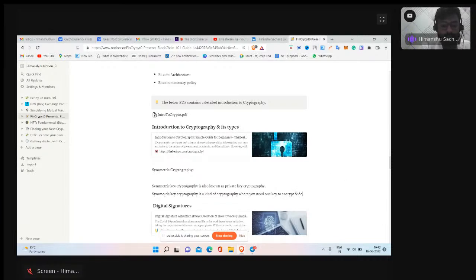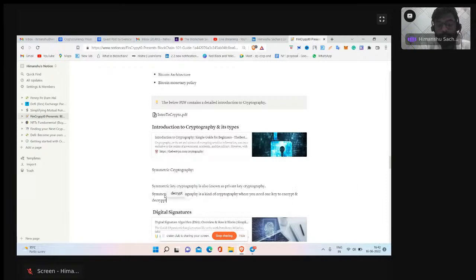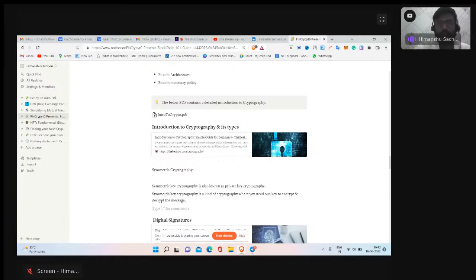So let's say any message that is written needs to be encrypted, and for that you need a key, and for decrypting the same message you need the same key. That is what symmetric key cryptography is all about.